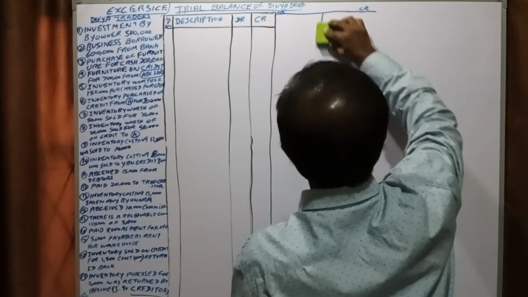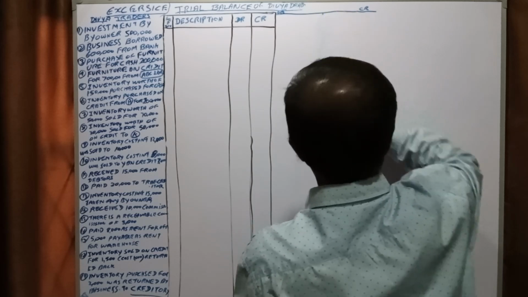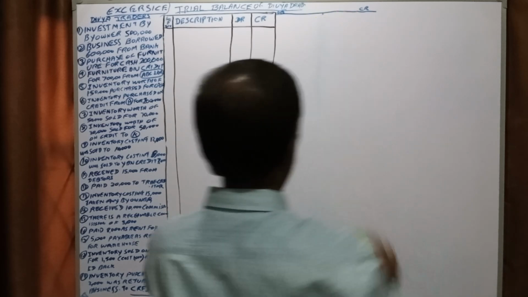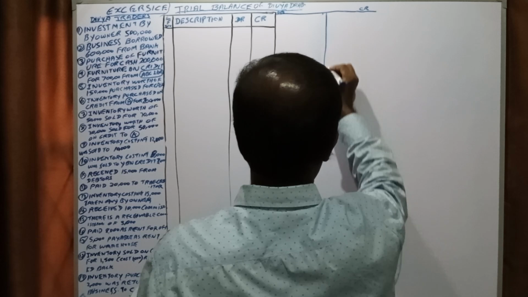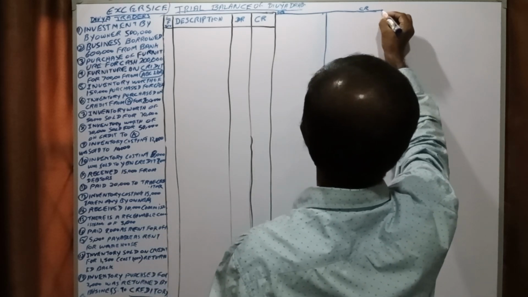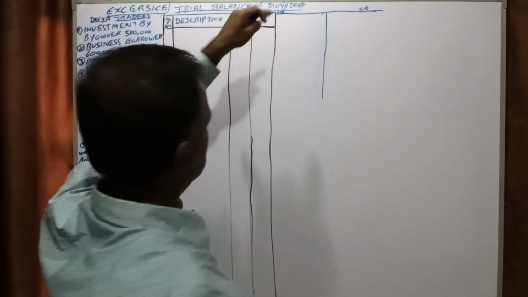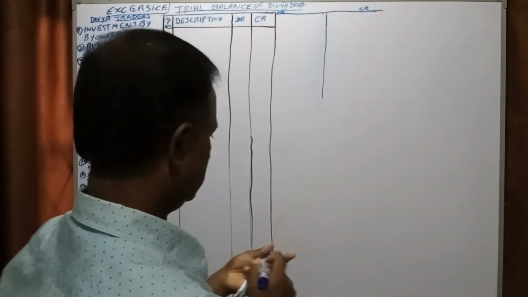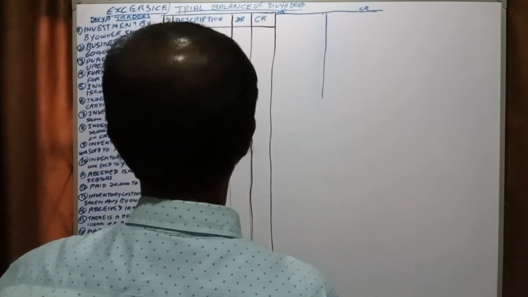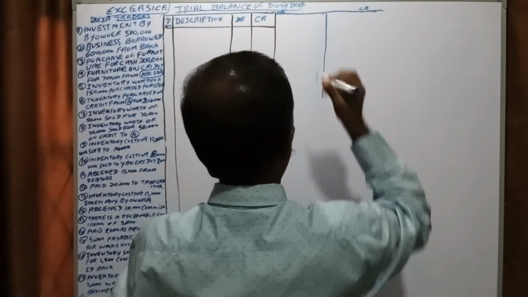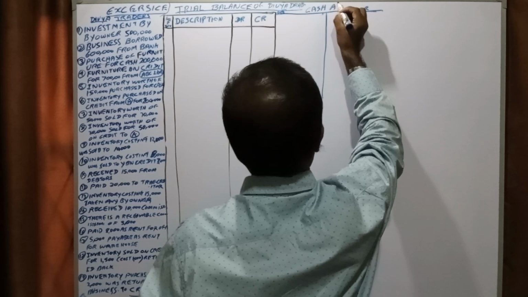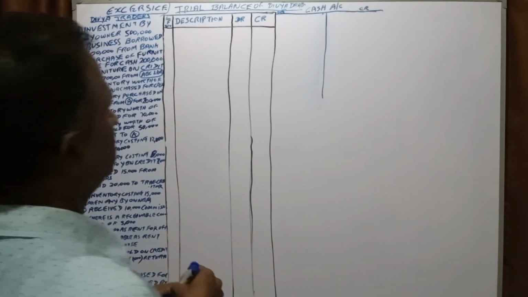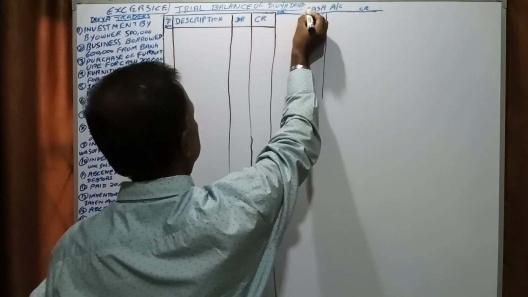I think this space is not enough, so I would like to enlarge this account. We can expand it like this. This side is debit and this side is credit. This is the cash T account.